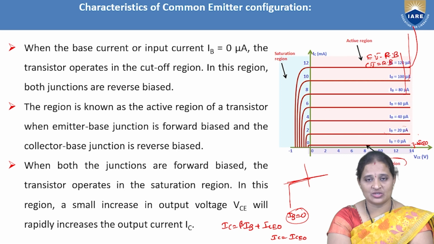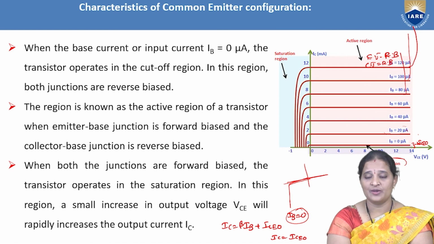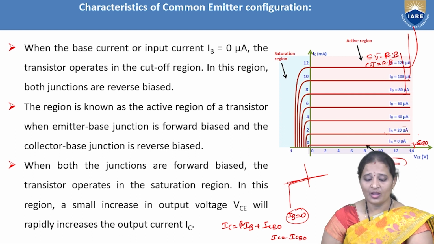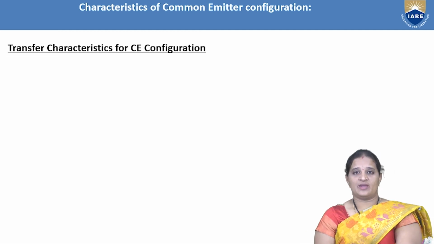So input characteristics are similar to the forward biased PN junction diode characteristics, whereas the output characteristics are identical to the PN junction diode under reverse bias. Okay, so this is about common emitter configuration output characteristics.